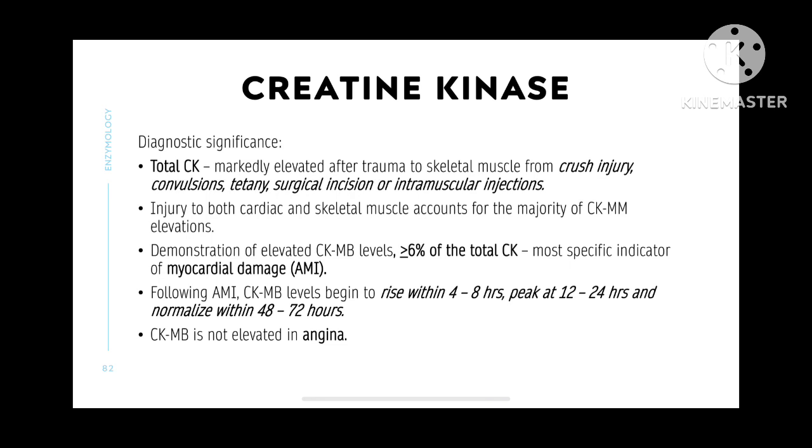CK elevations are generally less than 5 times the upper limit of normal following intramuscular injections and usually not apparent after 48 hours, although elevations may persist for 1 week. The predominant isoenzyme for this is still CKMM.